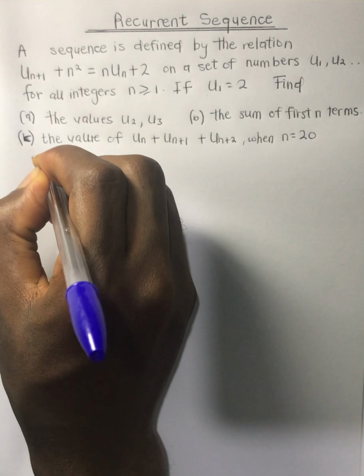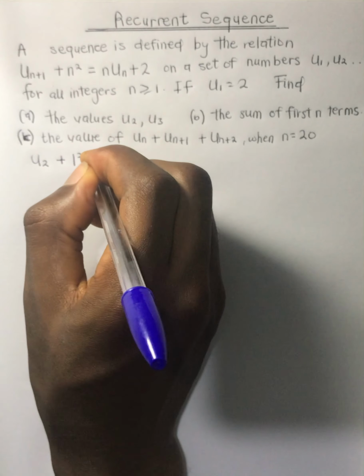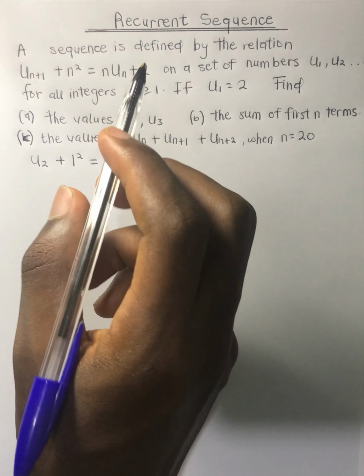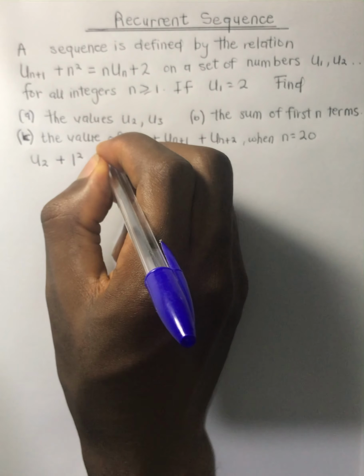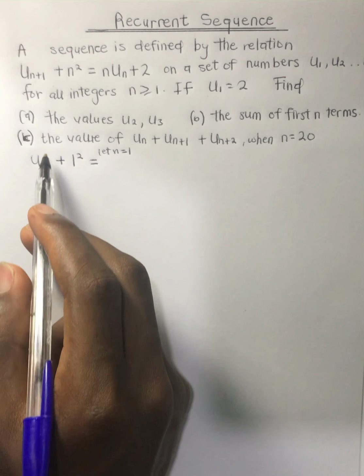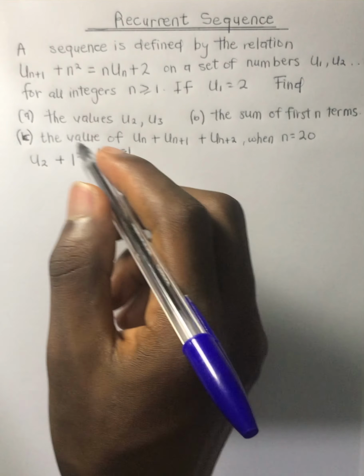So u subscript 2 plus 1 squared, which is equal to, now we made n 1, so we can just write let n be equal to 1 before we start. So let n be equal to 1, because we want to get the u subscript 2 expression or variable, I should say.